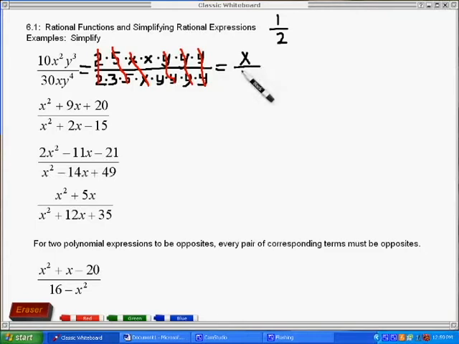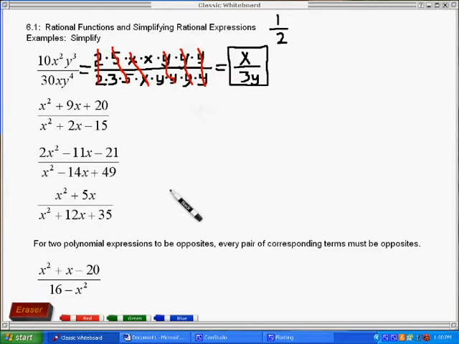So this simplifies down to x over 3y. That's the way that we would factor this sort of rational expression.